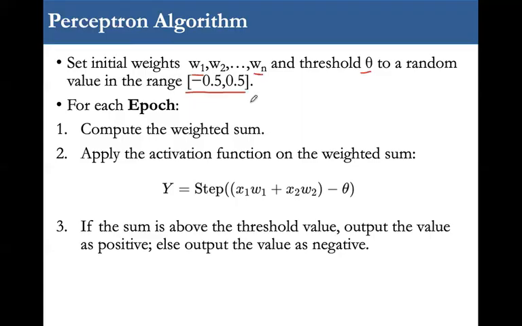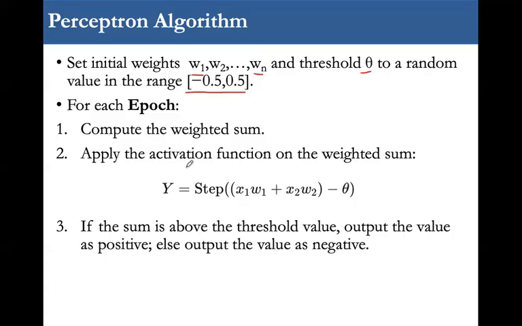We need to do the 5 steps repeatedly till there is no error. The first step is to compute the weighted sum by multiplying the inputs with the weights and adding the products, which is nothing but x1 w1 plus x2 w2 etc.